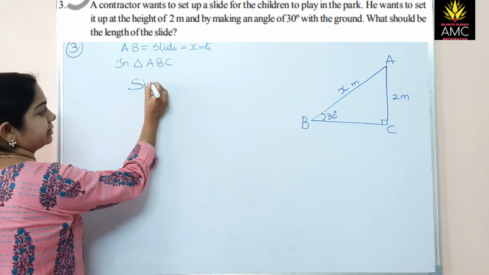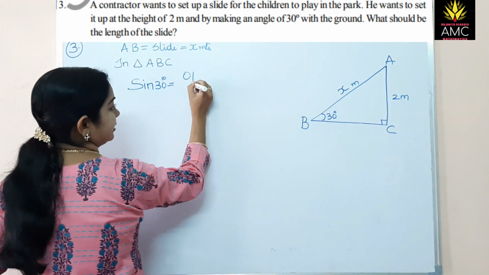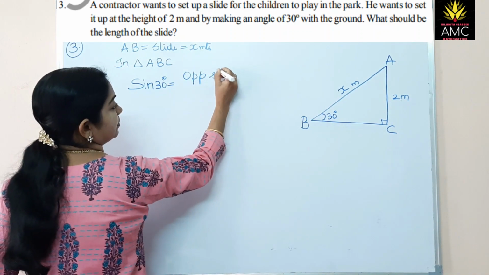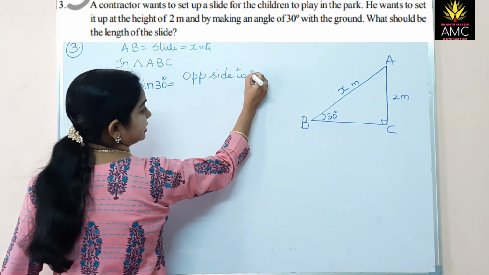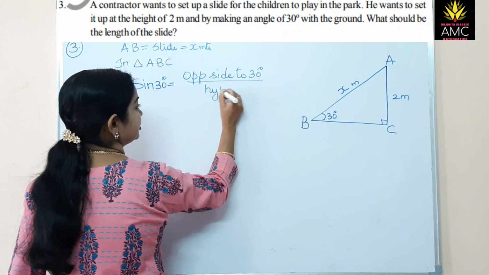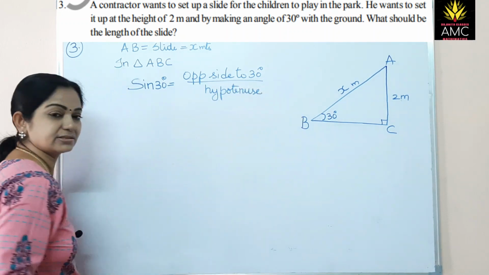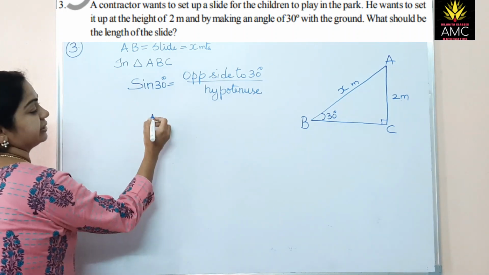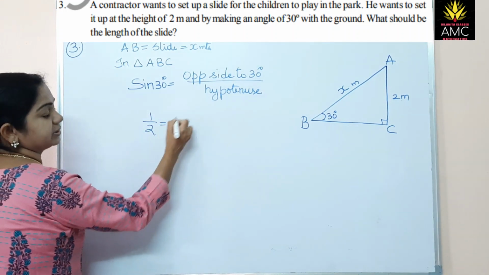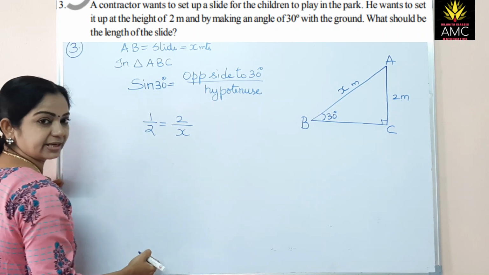Sine 30 degrees is equal to the opposite side to 30 degrees by the hypotenuse. So we should not take the tan, because the adjacent is not given. So now sine 30 is clearly 1 by 2. Opposite side to 30 degrees is 2 meters, and the hypotenuse we need to find, that is x.